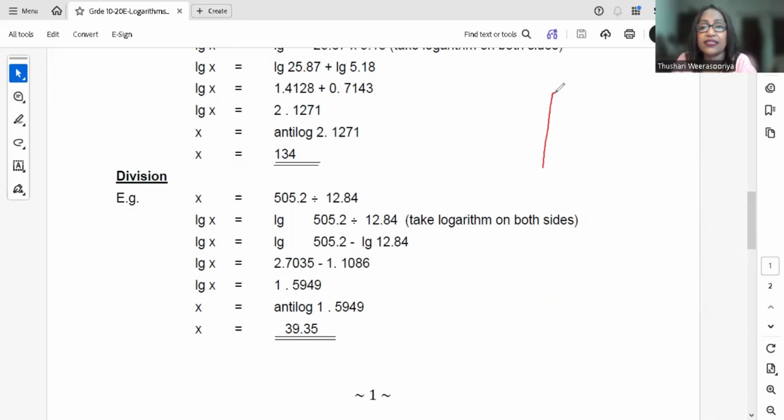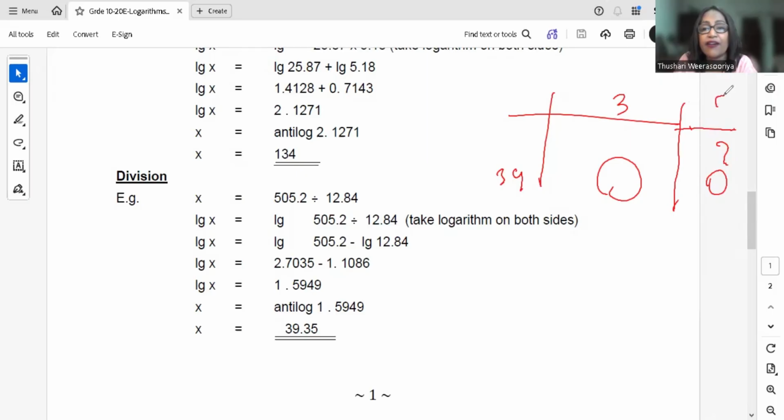Now you find the antilog of this. Now we'll see where this number is. Antilog. 5949. Actually, here you don't get the exact answer. There you get 39, 3, you get something. The balance is here, under mean difference 5.